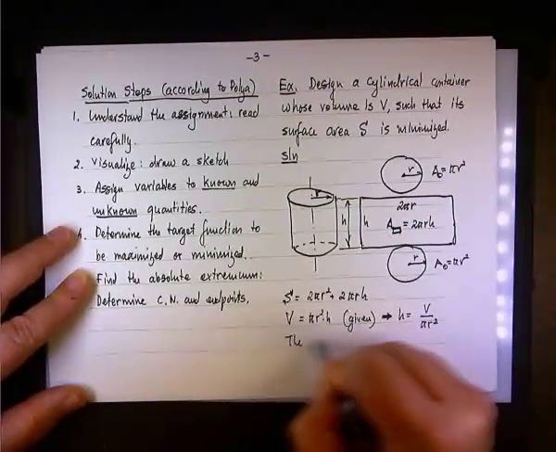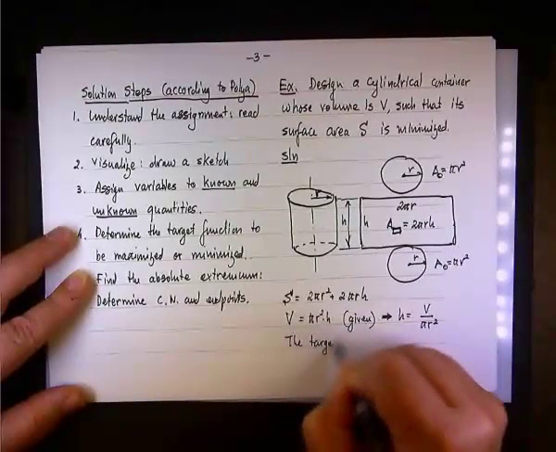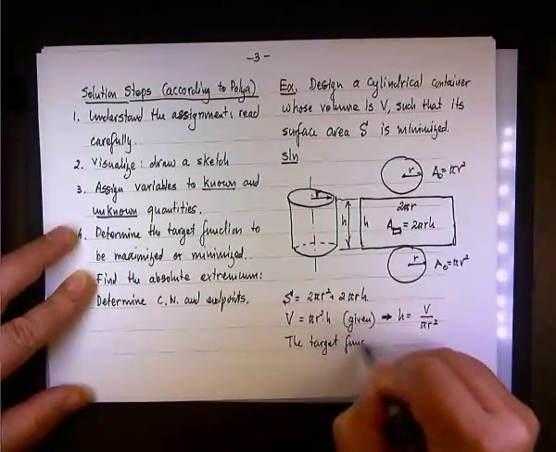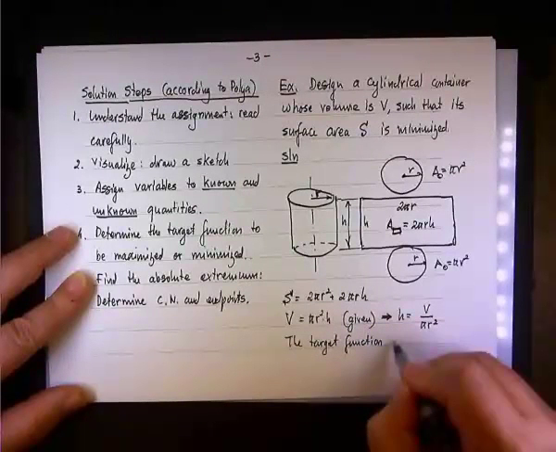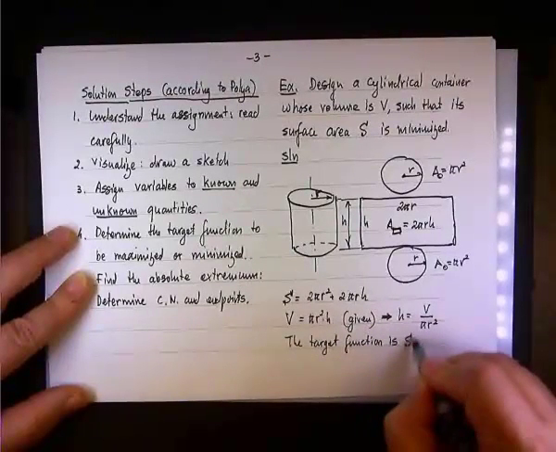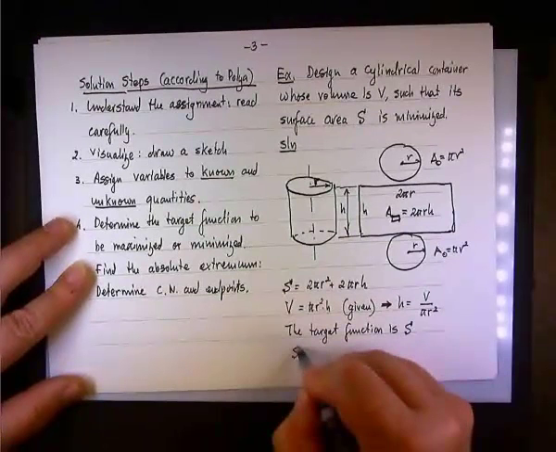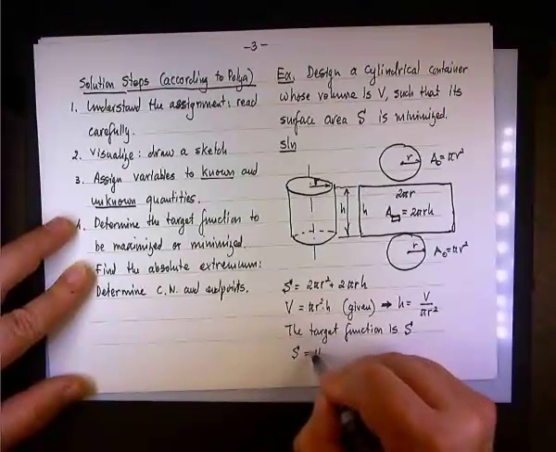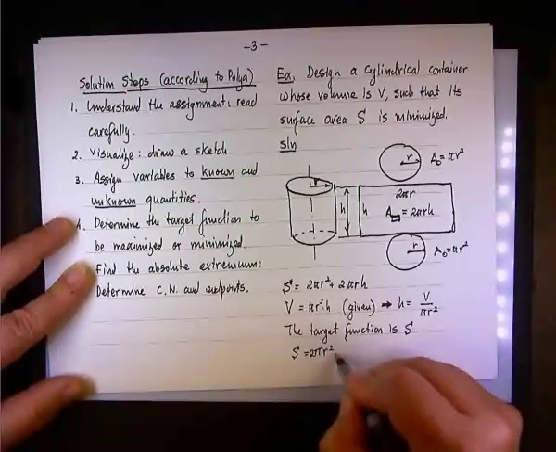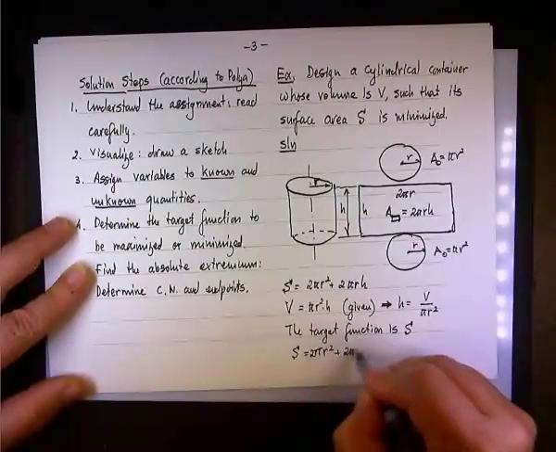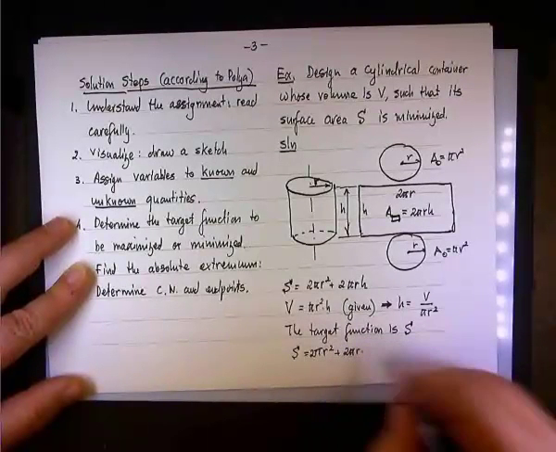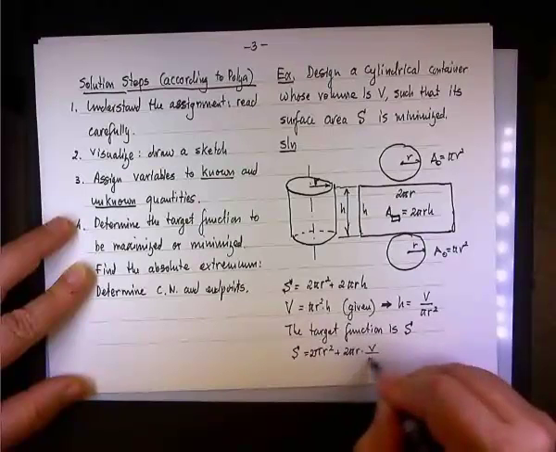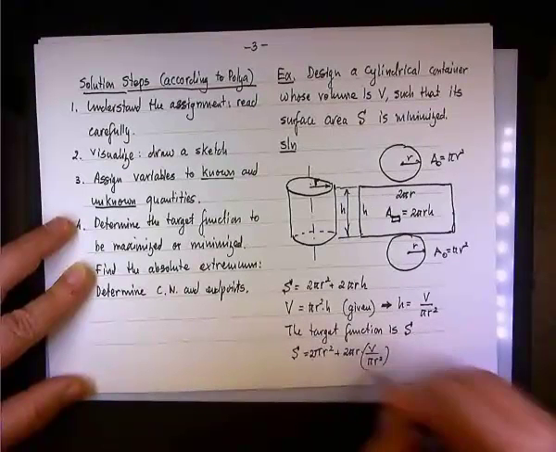So the target function now equals 2 pi r squared plus 2 pi r, instead of h, we have V divided by pi r squared, like so.